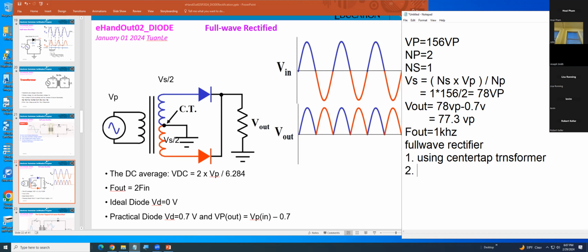Okay, so number 2, I'll give you an example. If the primary equals 60 volt peak, okay, that will be telling you the secondary.